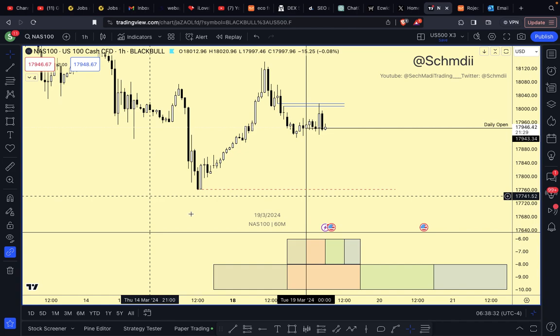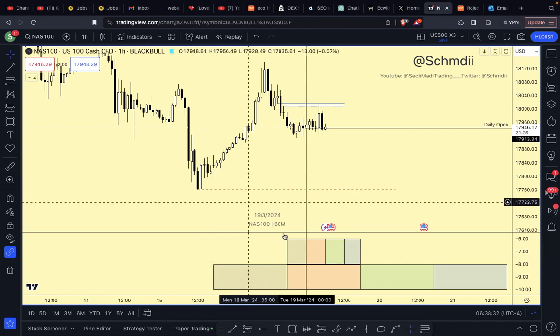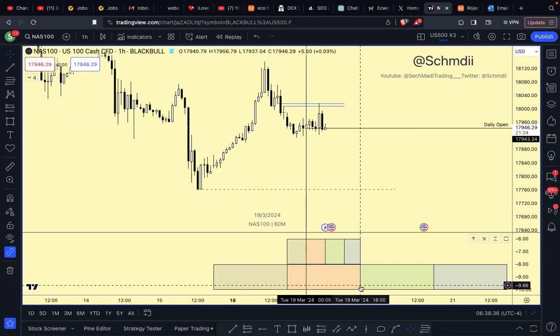I just marked out that low. That's a pool of sell side liquidity. That's what I'd be anticipating price to pierce into from where it is now.